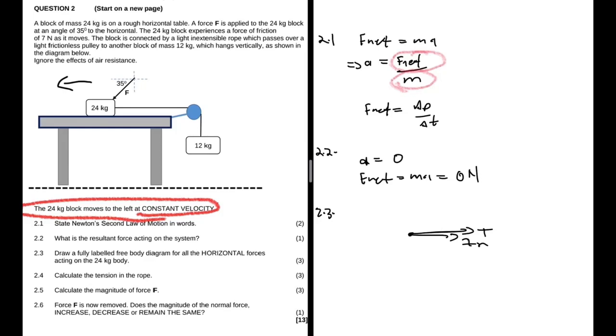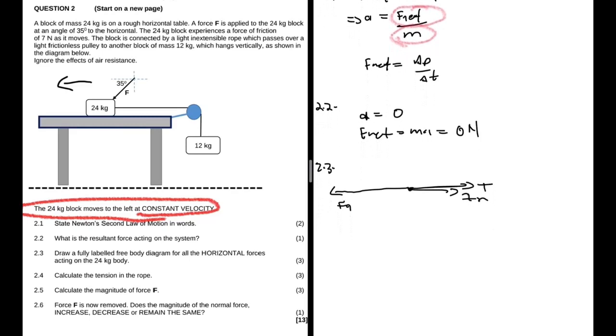And then our force applied is moving to the left, right? So we have force applied here. The force applied is equal to the tension plus the friction, right? Because these forces are balancing out. As a consequence, our object is moving at constant velocity or with an acceleration of 0. So now we can go to 2.4.